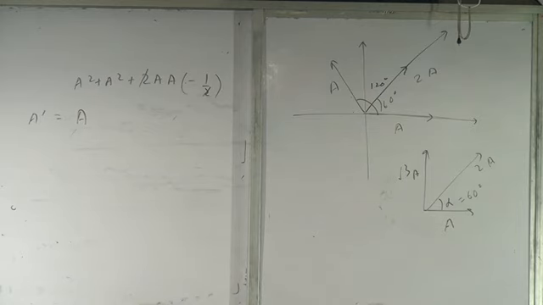Sure. How come? A square plus 2 a square cos delta, you applied. Yes. What will be the resultant amplitude? Yes, it is only asking for displacement. He is saying right. Why would it be long?